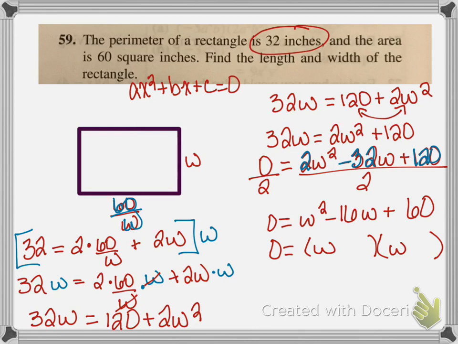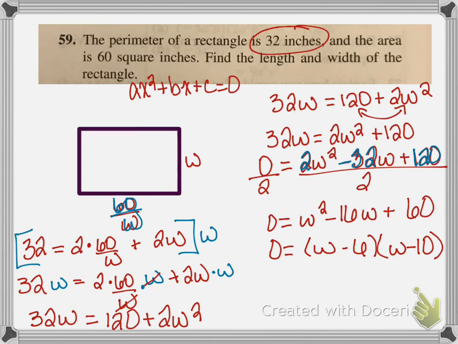What are your two numbers? Negative 6 and negative 10. And those work because negative 6 plus negative 10 gives me negative 16, and negative 6 times negative 10 gives me positive 60.